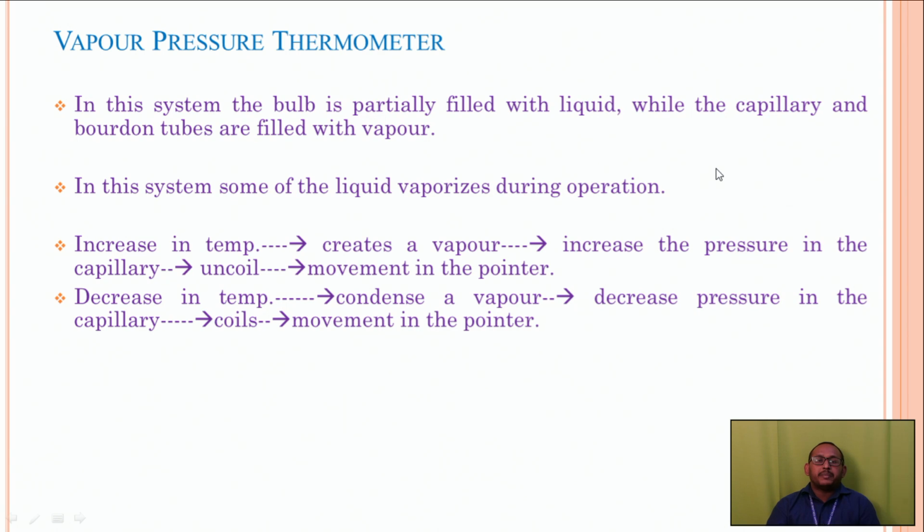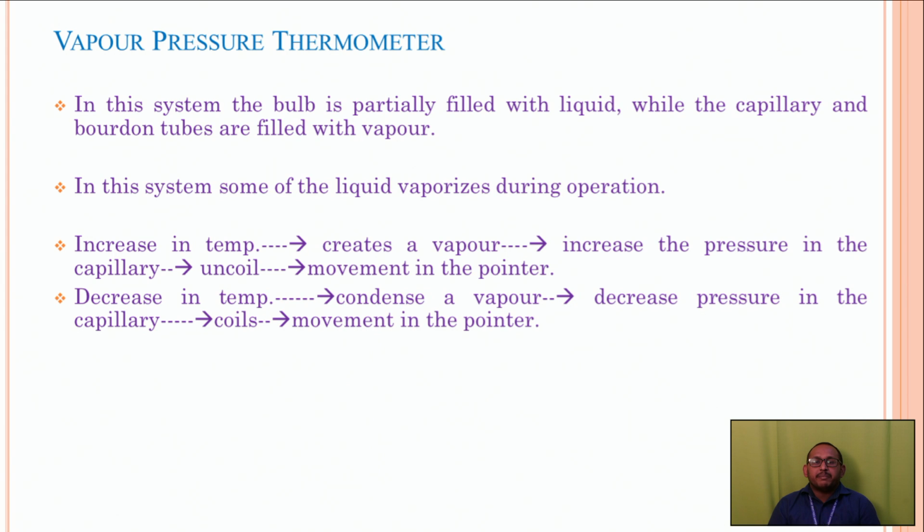Then the vapor pressure thermometer. In the vapor pressure thermometer, the bulb is partially filled with liquid, while the capillary tube and the Bourdon tube are filled with vapors. In this system, some of the liquid vaporizes during operation.